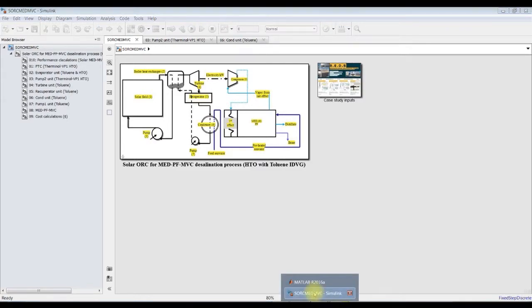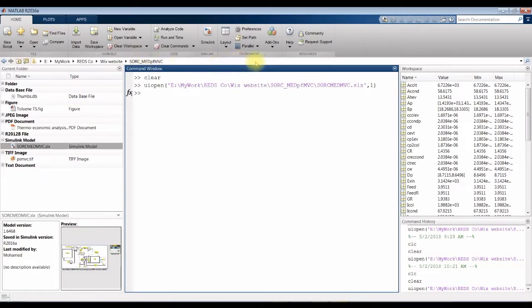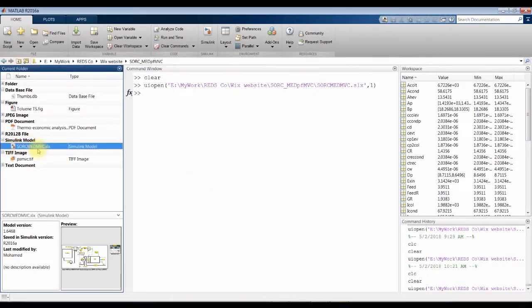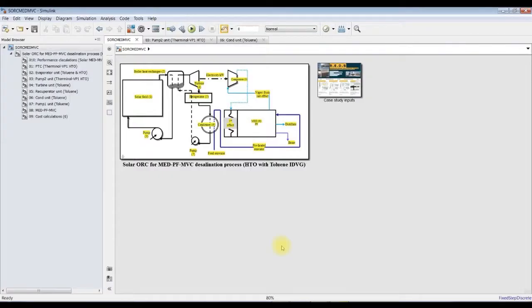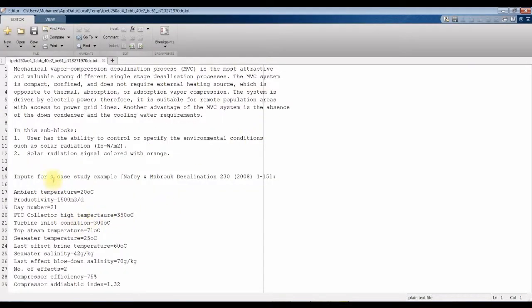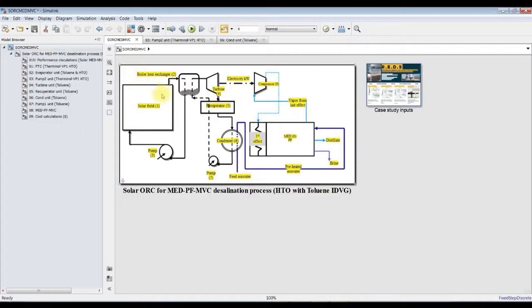Go to your destination folder, choose your folder, double click on your model or drop it here, and it should appear like this. This is some case study, some input parameters you can utilize.